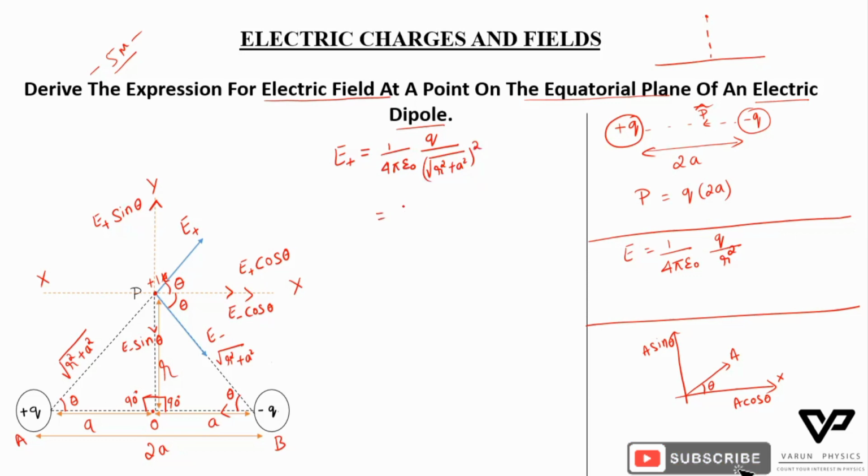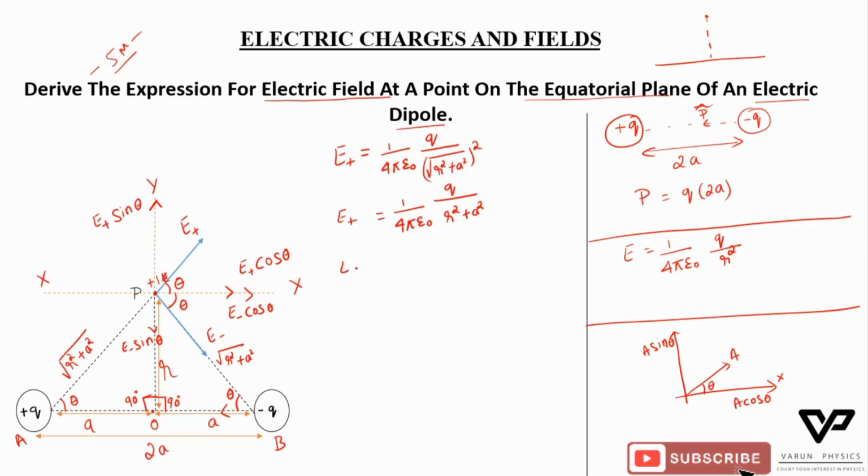Therefore, this will become 1 by 4 pi epsilon naught Q divided by R square plus A square. Am I right? Square and square root get cancelled. This is the value of E plus.